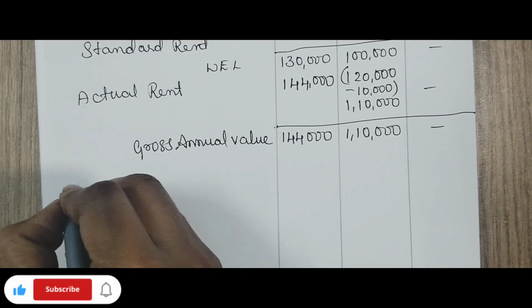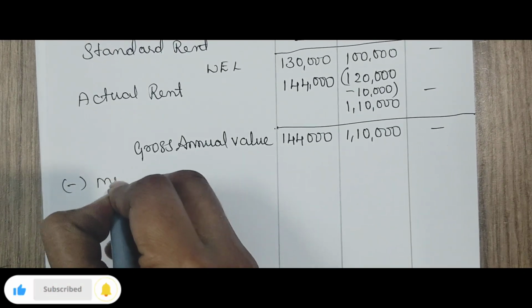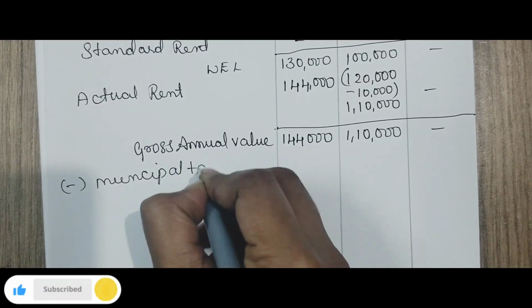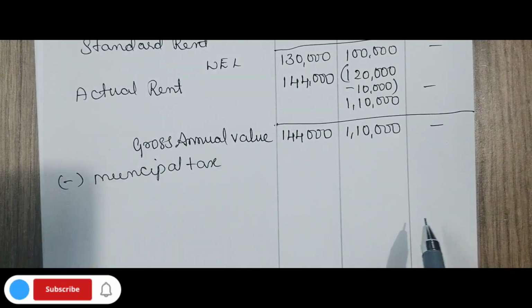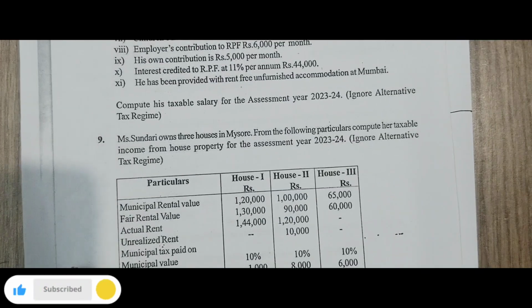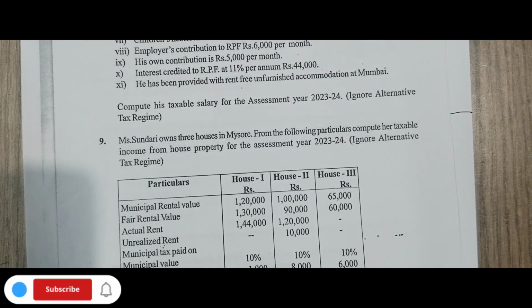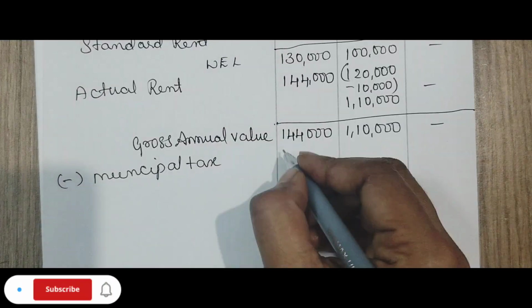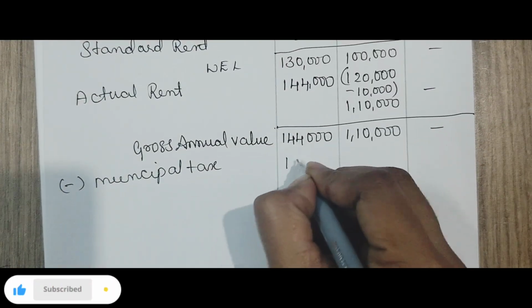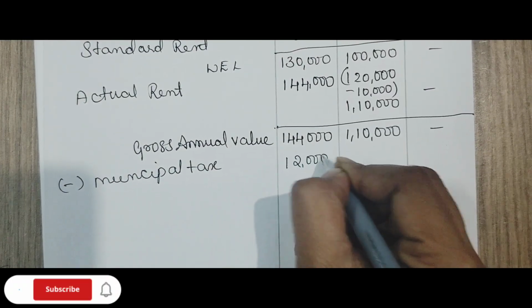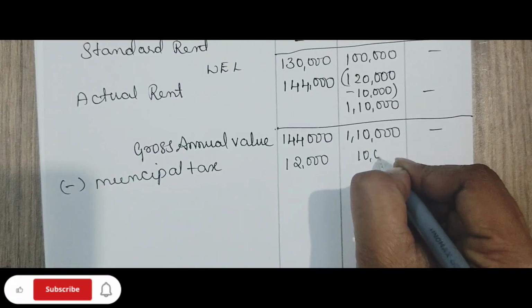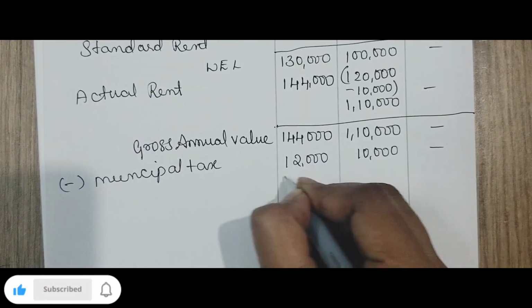Now you are deducting the municipal tax. Municipal tax is calculated on the municipal value. It is given as 10%. On 1,20,000, 10% is 12,000. On 1,12,000, 10% is 10,000.